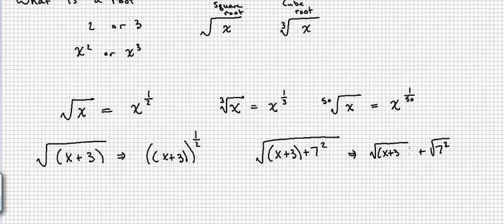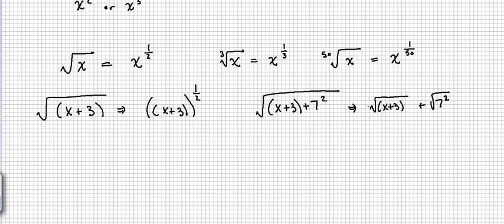But that doesn't follow. The reason it doesn't follow is because this whole thing is being squared. It's not just this part or this part, it's the whole thing that's being squared. So these are not the same.